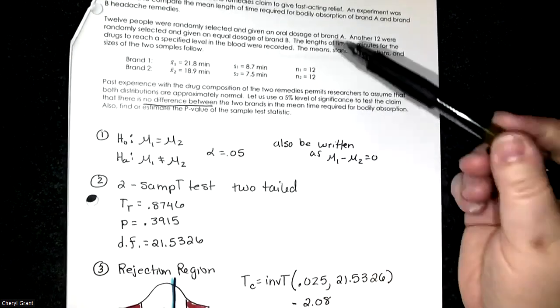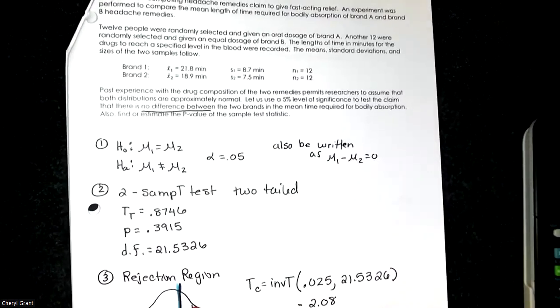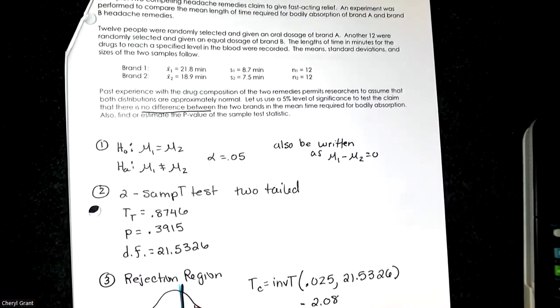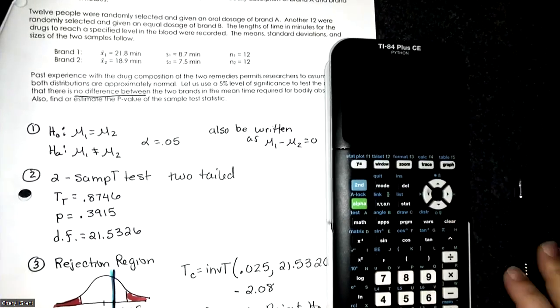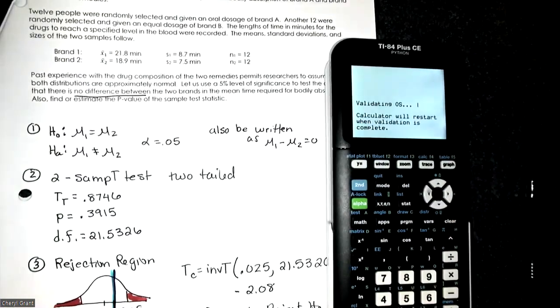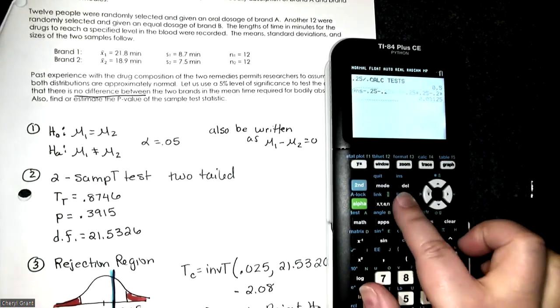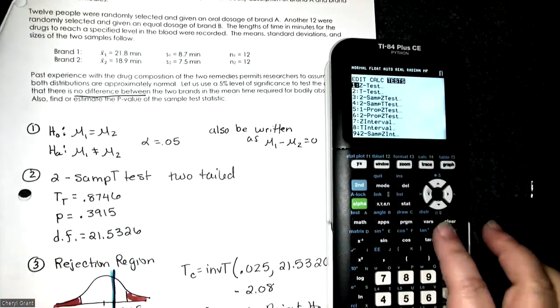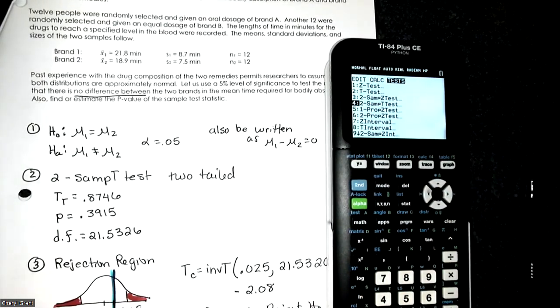All right, now, because we know we have two samples that we're dealing with here, and we were not given the population standard deviation, we're going to use the two sample t-test. So I'm going to go to stat, over to test, and I'm going to choose, on mine it's option number 4, two sample t-test.